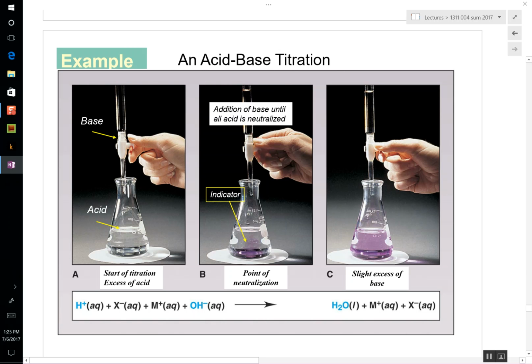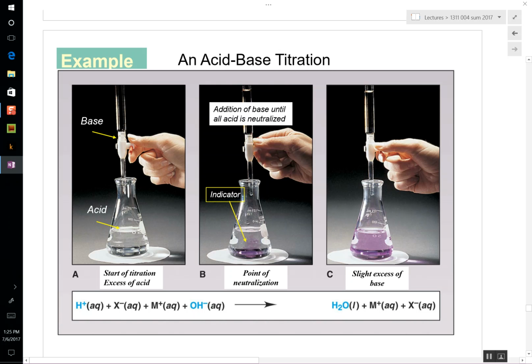But as you're dripping your base in here, you can see, can you turn the slide on? Yeah, you can see this purplish pink color appearing, and then if you swirl this around, it'll disappear. Why? Because the base came in and made the region temporarily basic.